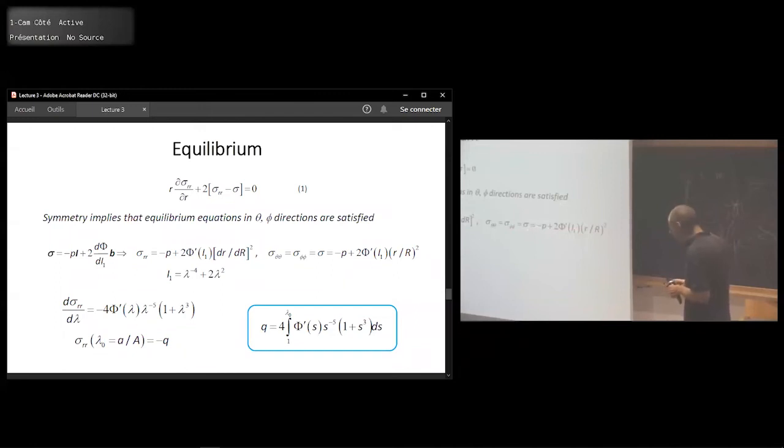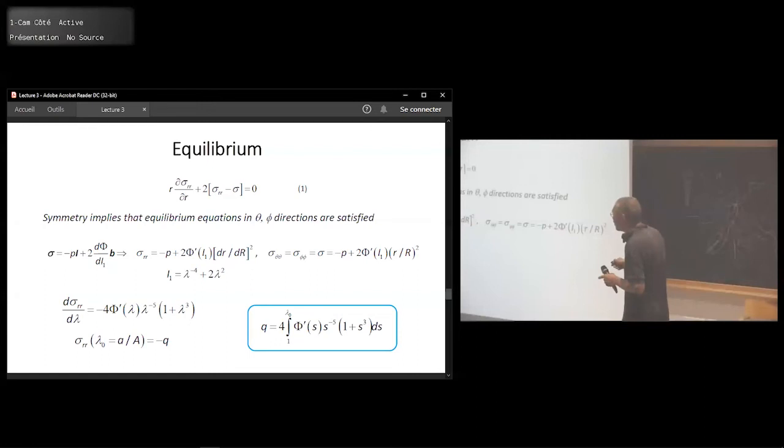Okay, and I1 is given by that. Now I substitute this into here. Sigma in here is given by this, so sigma is sigma theta or sigma phi. I substitute this equation into here, turn the crank, and now here's the trick. Remember in here, this is a derivative with respect to the current position r, which I don't know. But I change a variable because I know that r and lambda are monotonic increasing functions of each other.